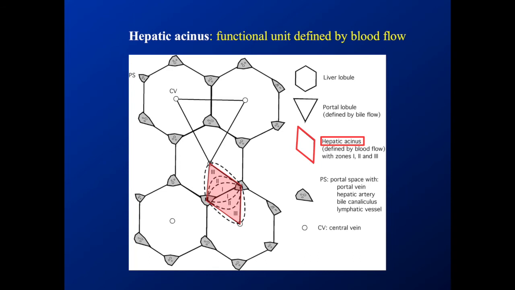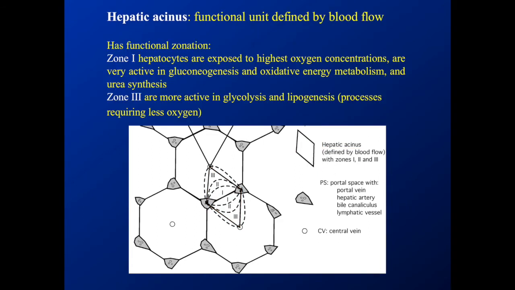And then you can see that zone 3 is the furthest away, and naturally then it has the least oxygen content, and that means that the cells in zone 1, 2 and 3 do different functions based on the amount of oxygen they are receiving at the time.